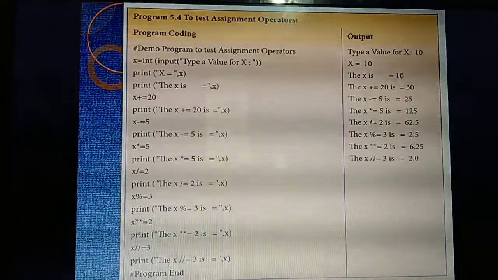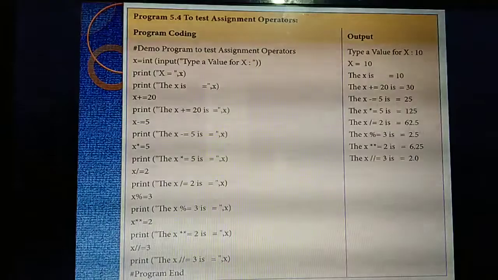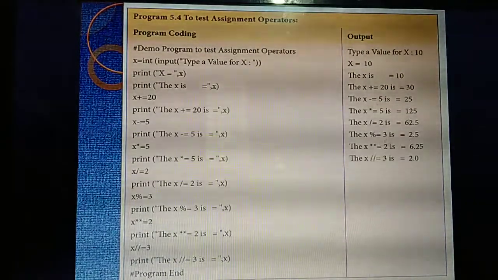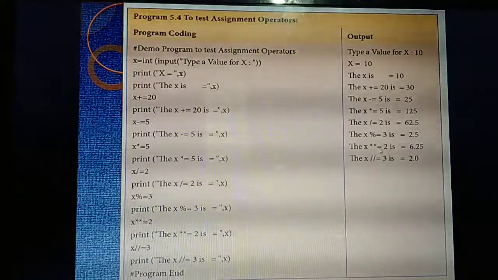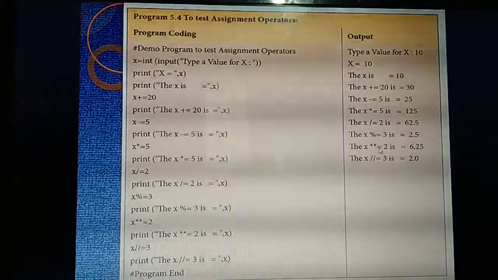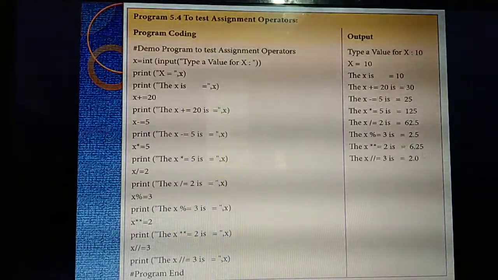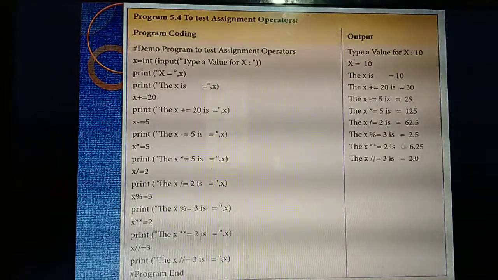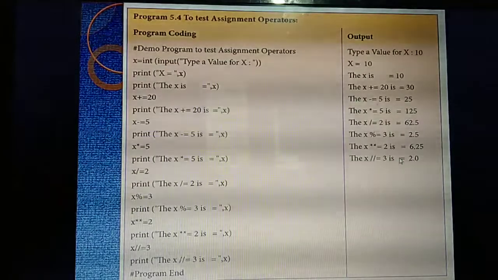Then x divided by 2, 125 divided by 2, answer is 62.5. x modulus 3: 62.5 divided by 3, the remainder you need to write as the answer. x double star equal to 2 means square, 25 into 25. Next, x floor division equal to 3: divide it by 3 and write the quotient as the answer. Understand?